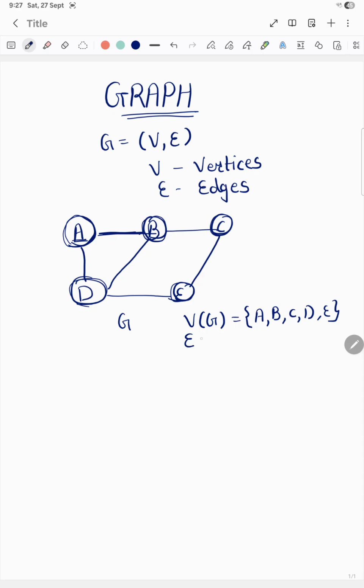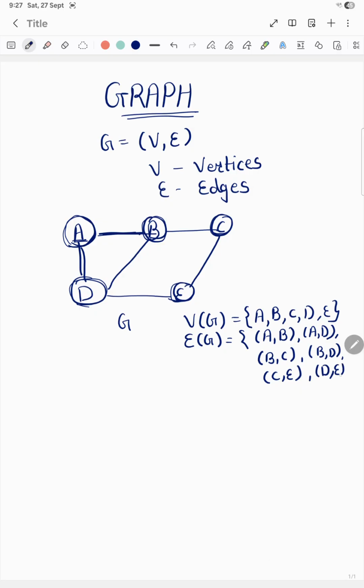So if I create a set E of G, I'm having a path between A and B, so this is the first edge. Then I'm having A and D, that's the second one. Then I'm having B and C, B and D, then C and E, and D and E. So here all the edges are covered.